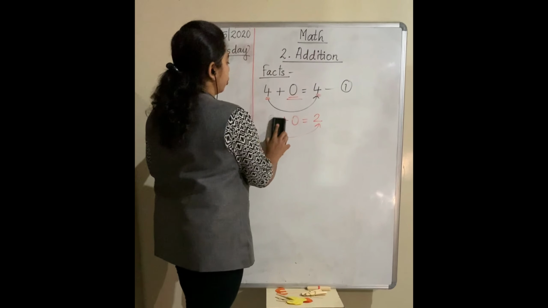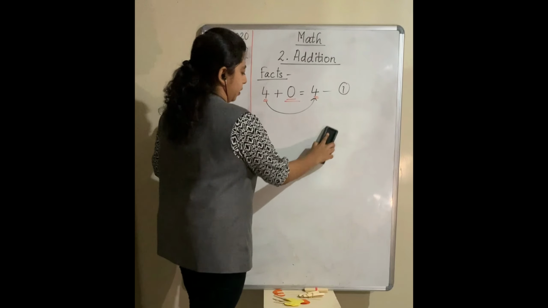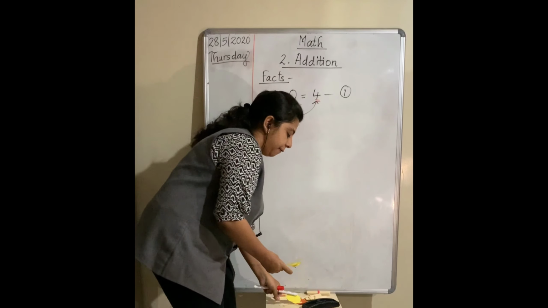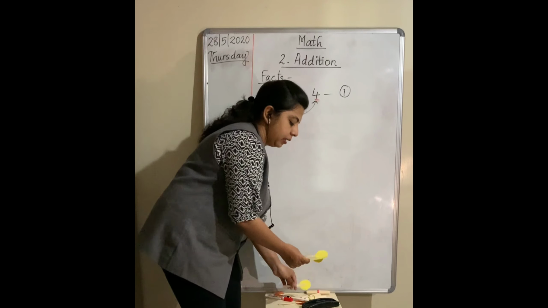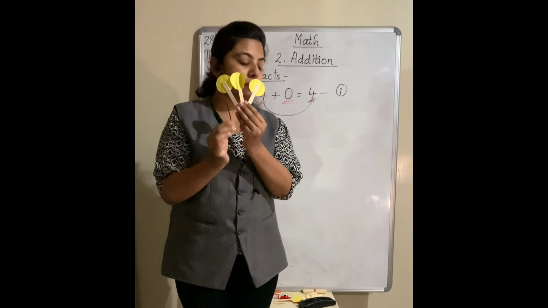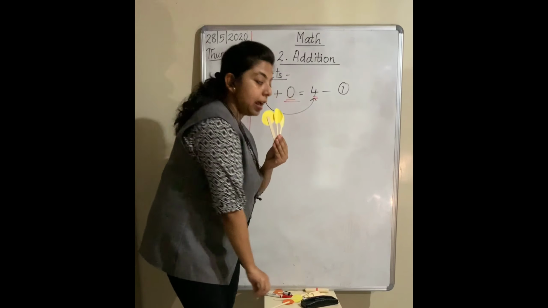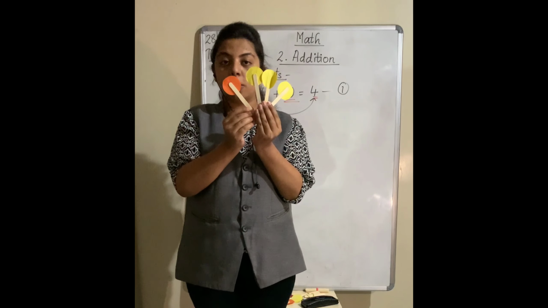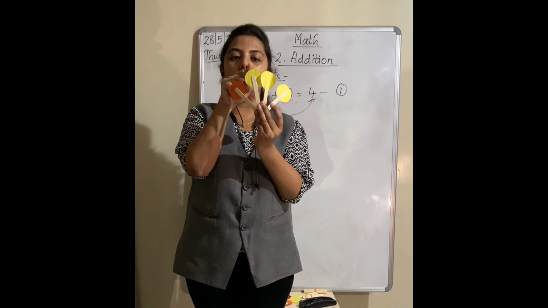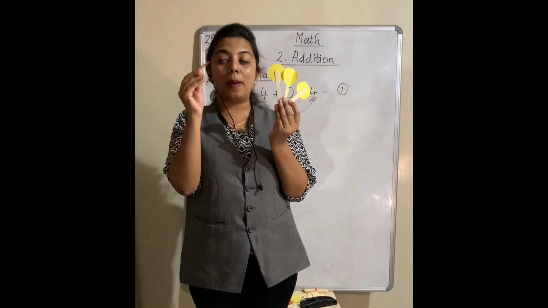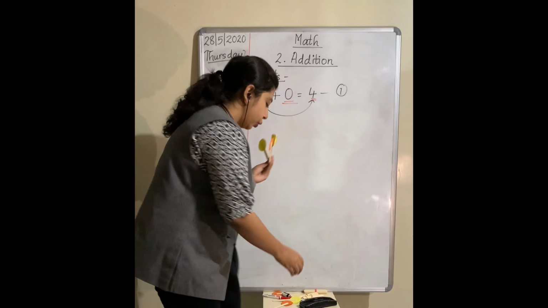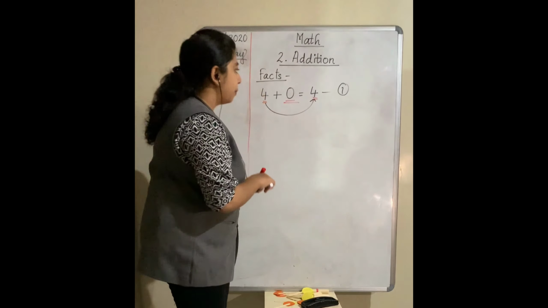Now moving on to the second trick. If I have 3 lollipops with me, and I add one more, what number do I get here? Let's count together: 1, 2, 3 and 4. So by adding one lollipop, I got the next number. So we have our trick number 2.